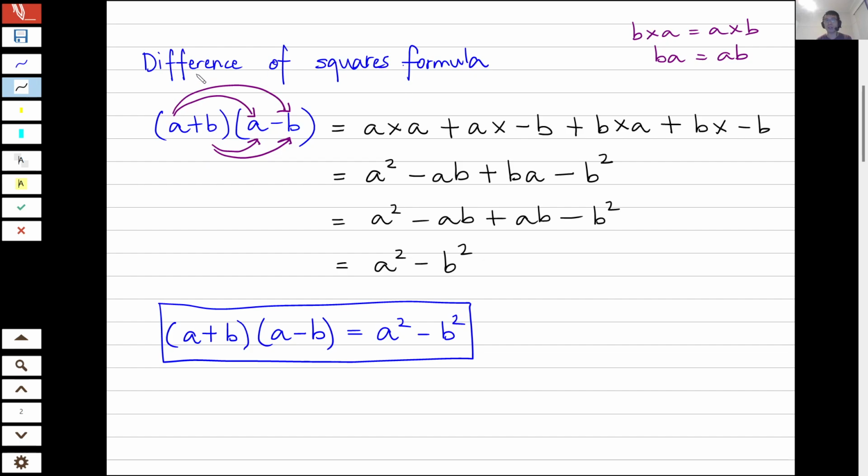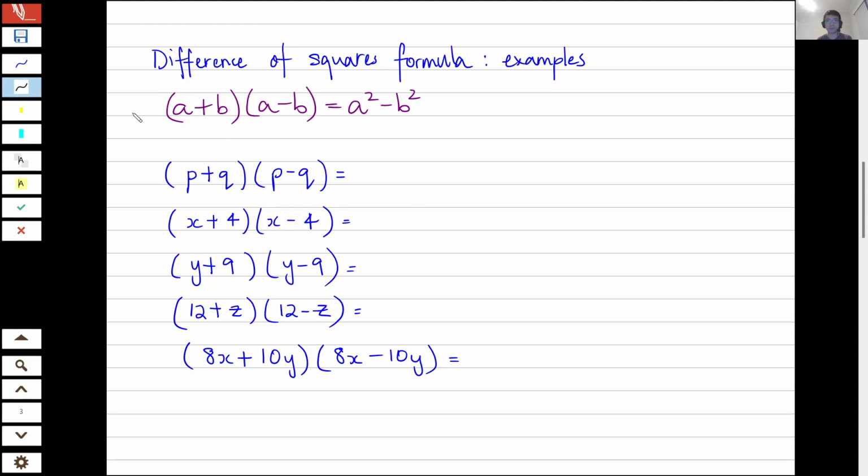The reason why it's called the difference of squares is because I've got two squares, a squared and b squared, and when I subtract or minus, that's the difference. It literally is a difference of 2 squares. So keep this formula in mind, because now we're going to use it to expand some brackets.